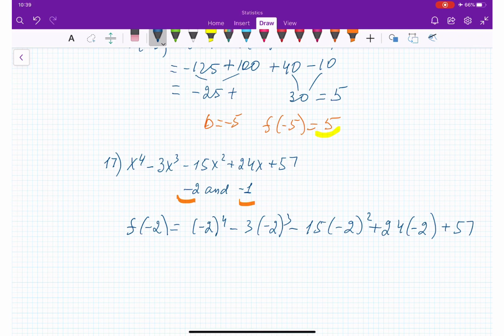Okay, -2 to the power 4 is going to be positive because 4 is an even degree and we have a negative base, which is -2. 2 to the power 4 is 16, so it's going to be positive 16. Next, -2 to the power 3 is going to be -8, right? -8 times -3 is going to be positive 24.